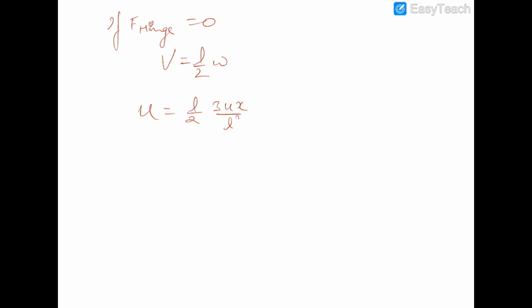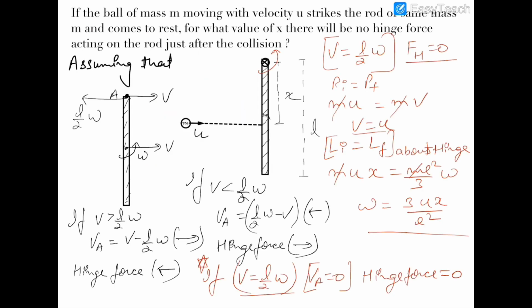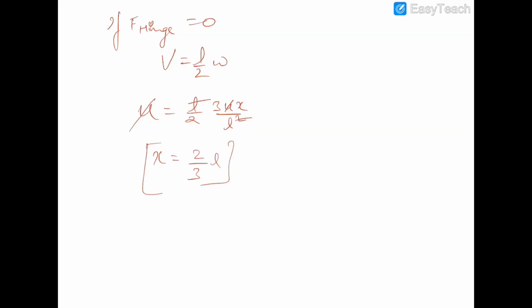Cancelling this L with L and u with u, x is equal to 2 by 3 L. So the value of x for which this rod will not experience any hinge force is 2 by 3 L. So this is the final answer.